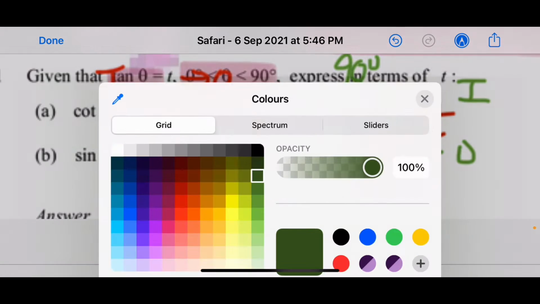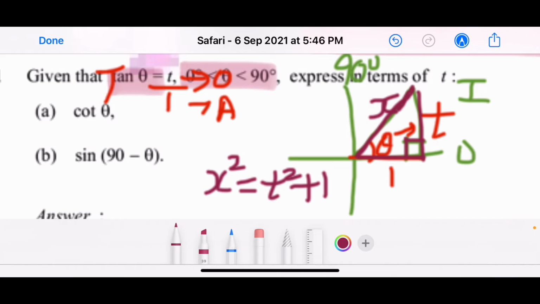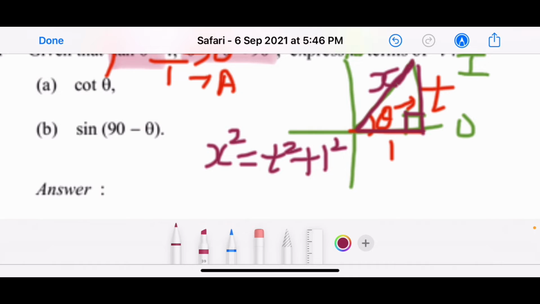This hypotenuse can be found using Pythagoras theorem because this is a right angle triangle. Let's say we want to find the hypotenuse x, so x squared is equal to t squared plus 1 squared, the two short lengths. Then we need to simplify: the hypotenuse is square root of 1 plus t squared.